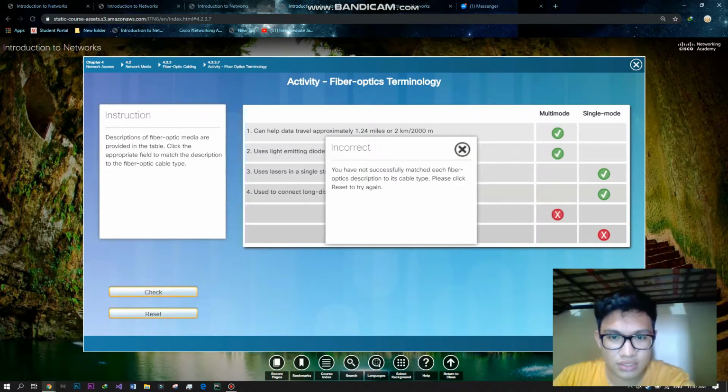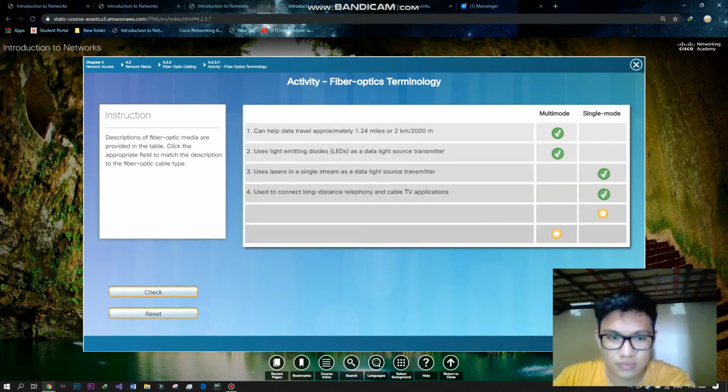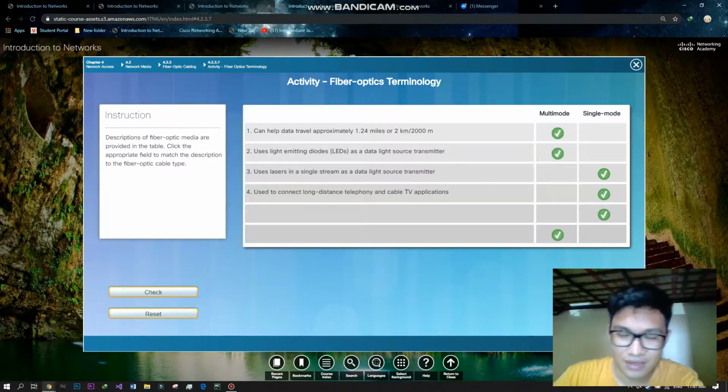So let's check it. Oh, it's reverse. Sorry, a while ago I got confused. I thought this column is for single mode and this one is for multi-mode, and that's why I answered this portion a while ago.